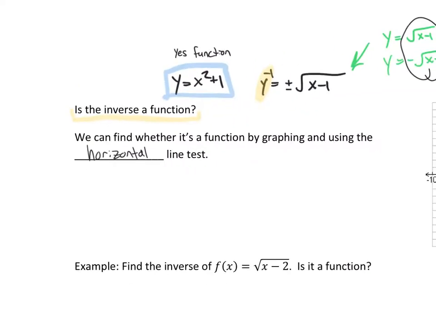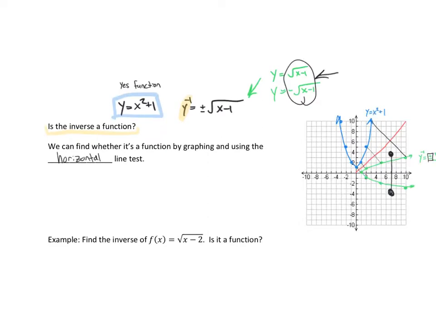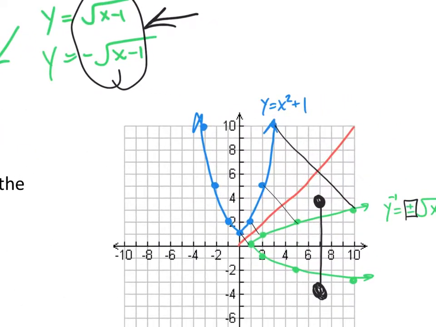So that would mean, even if you didn't want to make this graph, if I asked you about it, I could say, for this function here, y is equal to x squared plus 1, is its inverse a function? So not is it a function, we know it's a function, but is its inverse a function? Instead of graphing it and using the vertical line test, you could simply use the horizontal line test.